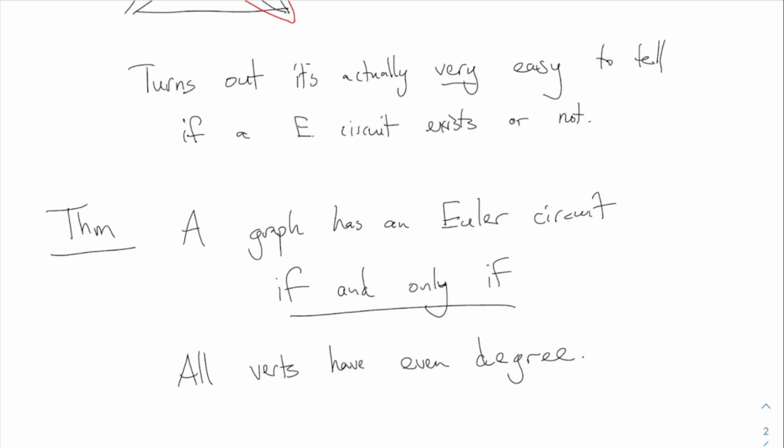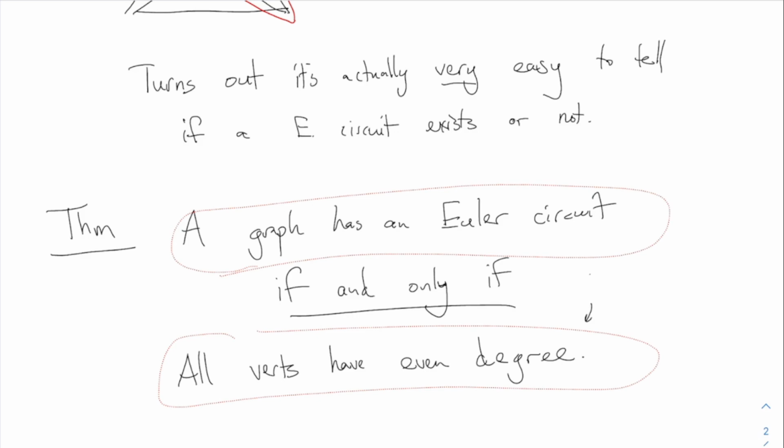So when it has an Euler circuit, that means that all the vertices have to be even degree. And the other way around is true. If all the vertices have even degree, then automatically it has an Euler circuit. This if and only if means that these two statements are logically equivalent. Logically the same. All right.